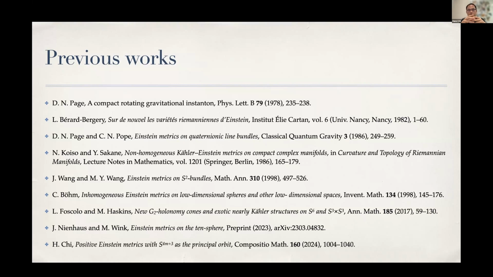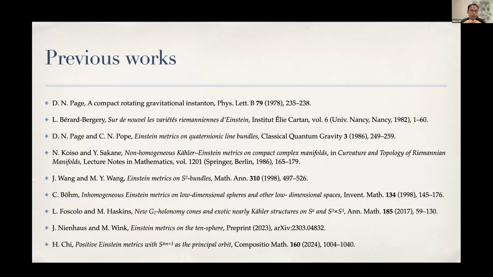You can replace the hypersurface with a circle bundle over a Fano manifold. In his work, you don't necessarily need the base space to be homogeneous. You just need a Kähler-Einstein base, and then you consider the circle bundles over it, and you can still reduce the Einstein equation to a set of ODEs. Of course, his works include cohomogeneity one manifolds.